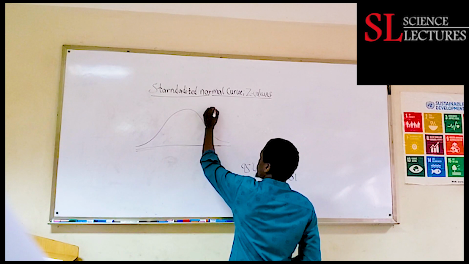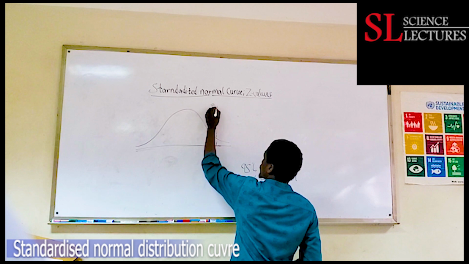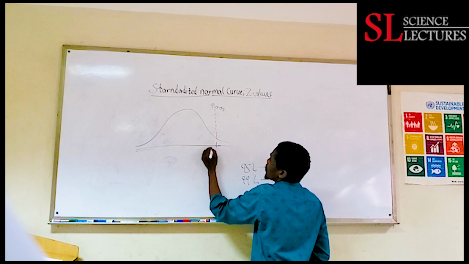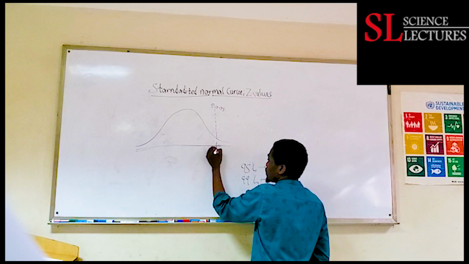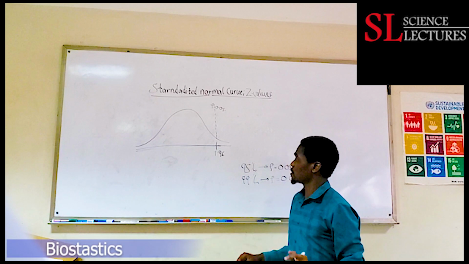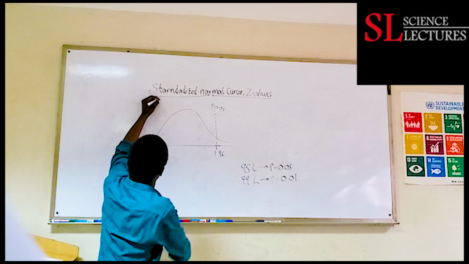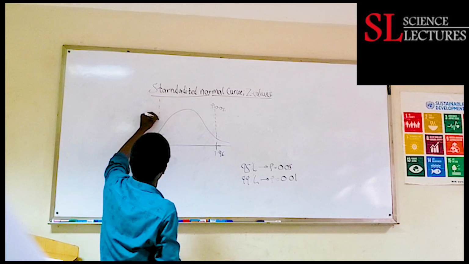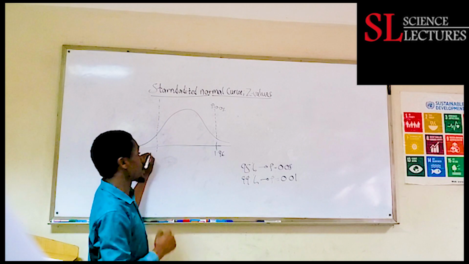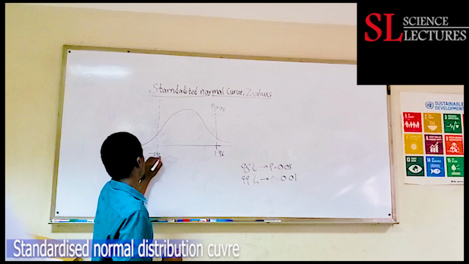At 95%, let's say this is p equal to 0.05, we'll have a z critical value of 1.96. The curve is symmetrical, so we'll have the same value on this side, but a negative value, negative 1.96.